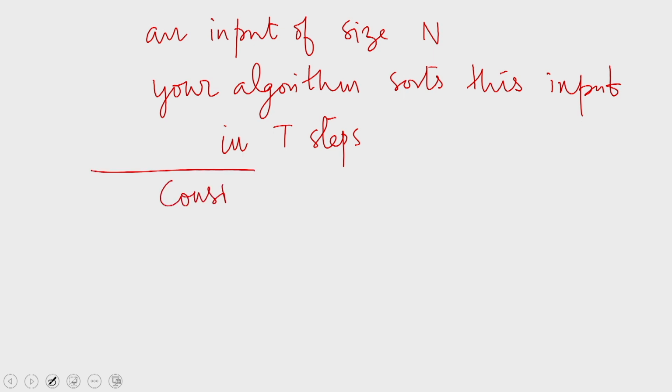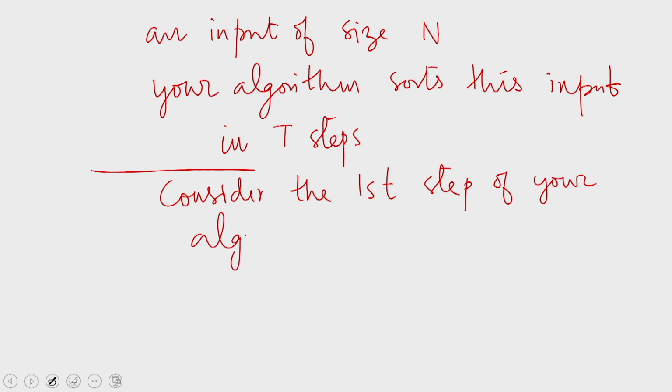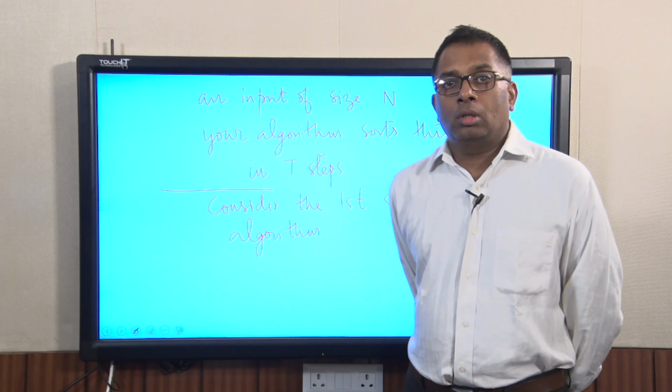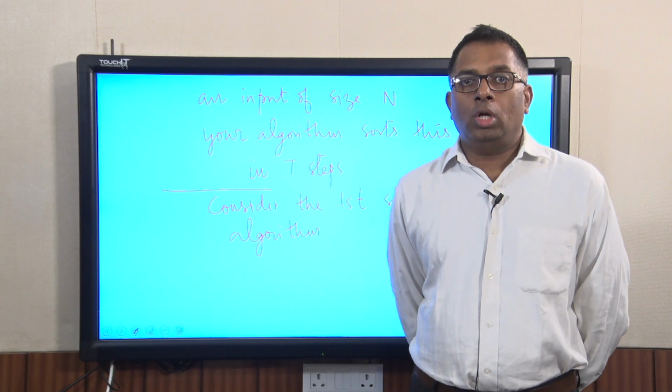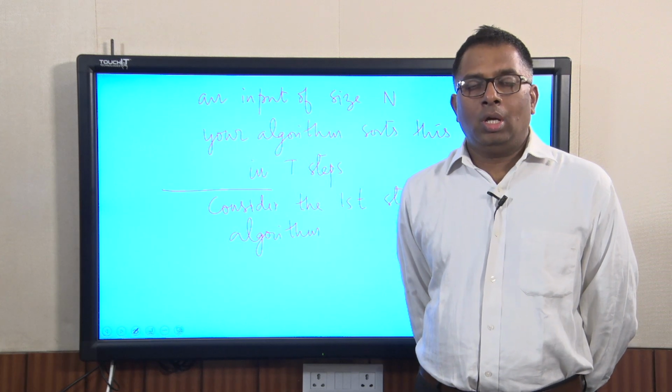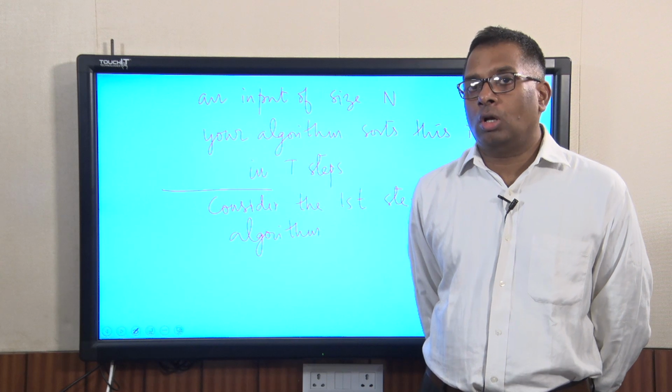consider the first step of your algorithm. In the first step of your algorithm, the comparisons that are performed would be hard coded into the algorithm, exactly as we have seen for the sequential algorithms.